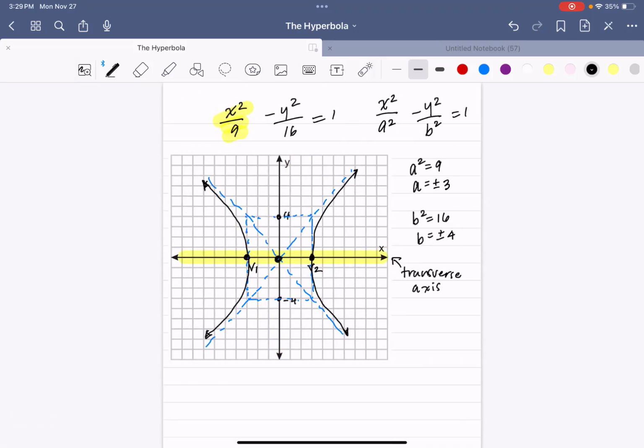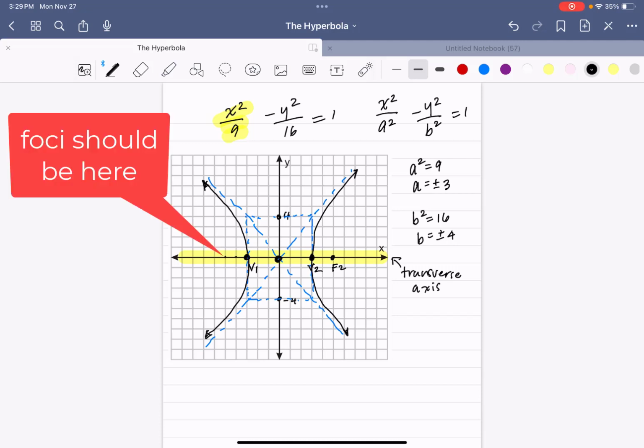So when I go back here, I go over to, that's 3, 4, 5. That's foci number 2. And over here, negative 5, that's foci number 1. So the foci are located at negative 5, 0, and 5, 0. So it's c, 0 and negative c, 0 when you have this horizontal transverse axis.